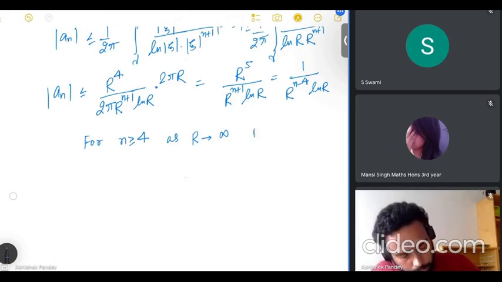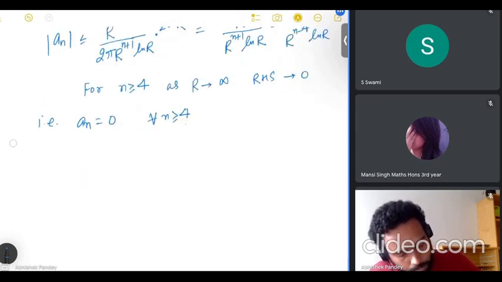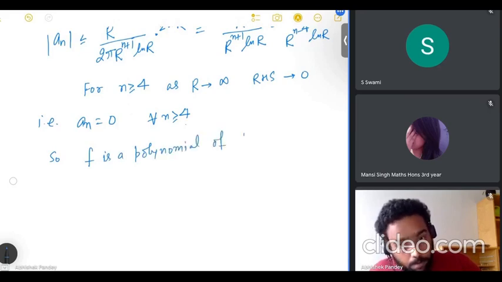So it means that we are getting a_n equals 0 for every n greater than or equal to 4. So what is f? f is a polynomial of degree at most 3.